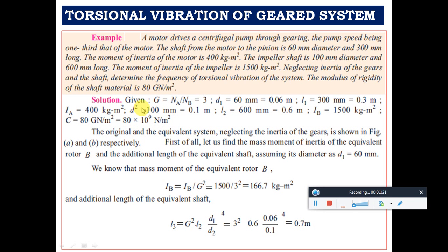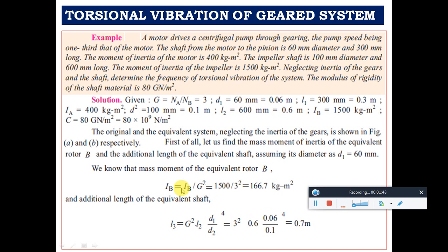Here the original system has to be converted into its equivalent system. So we will take the diameter D1 as 60 mm as the equivalent diameter. So the mass moment of inertia of the equivalent system becomes IB dash, which is equal to IB by G square. Here 1500 is the actual mass moment of inertia of the impeller.